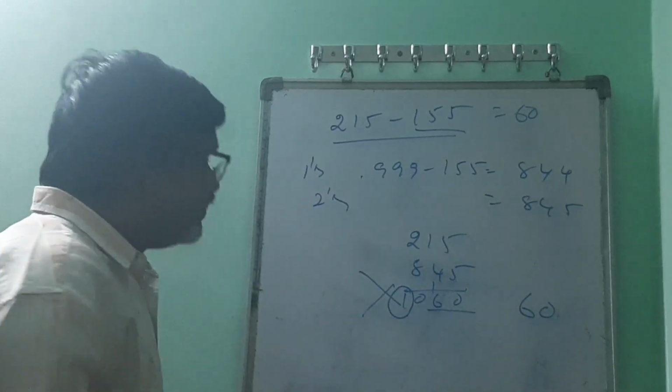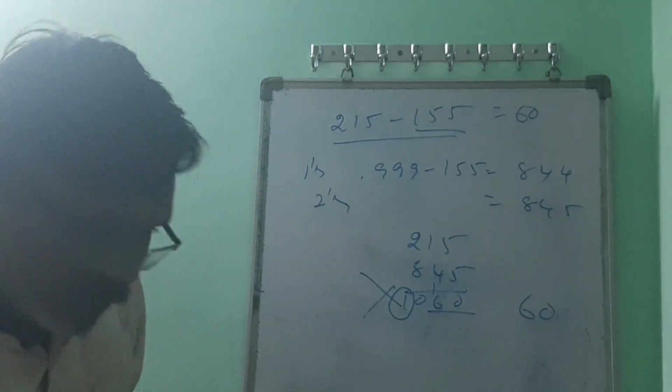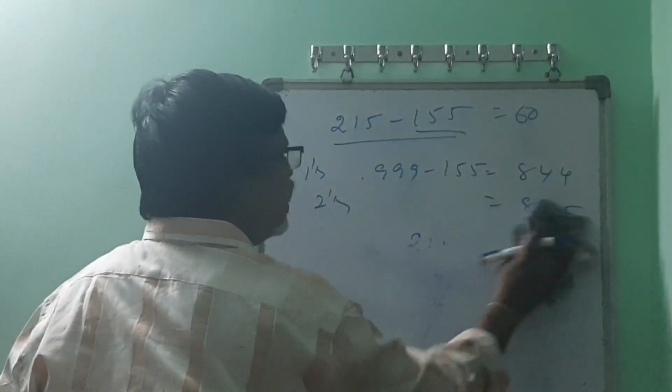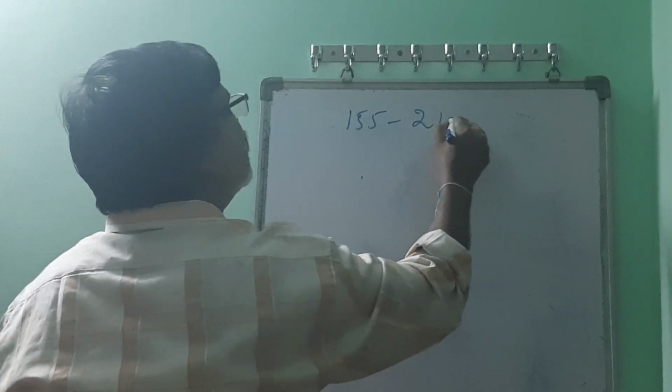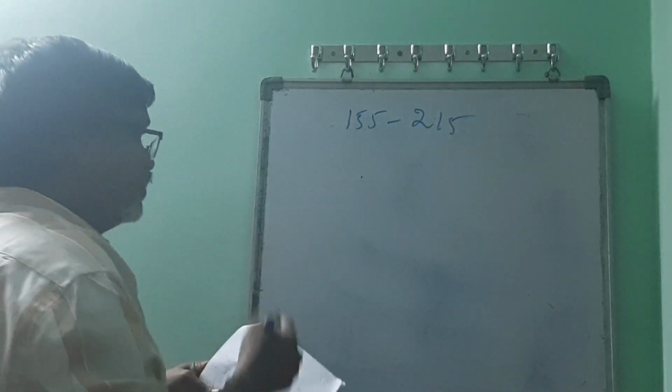The result is considered positive. Now the reverse: we subtract 215 from 155. We should get negative 60.